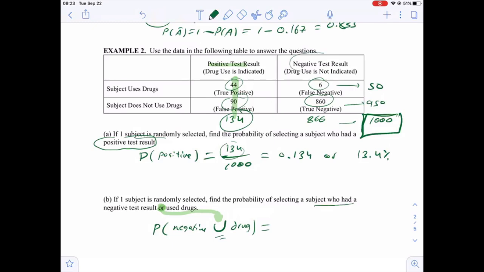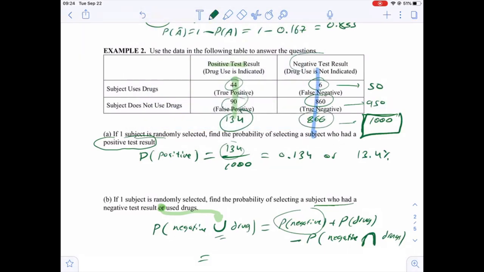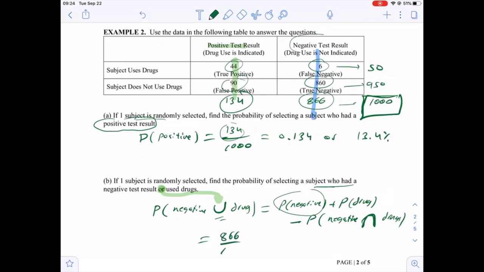All right, so we have probability of negative plus probability of the second event, used drug, minus probability of negative and use drugs. What is the probability of getting negative? Negative is here. The sum is 866 over 1000, plus probability of using a drug.